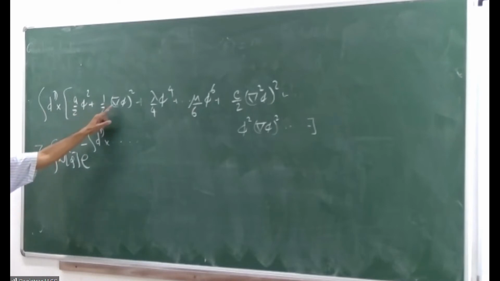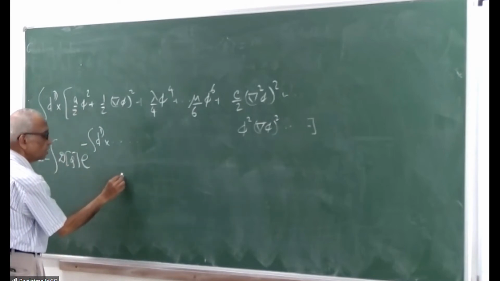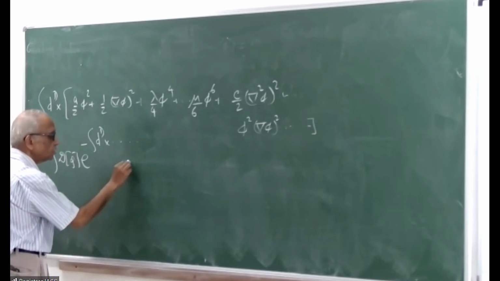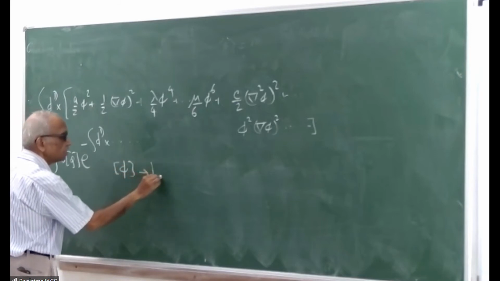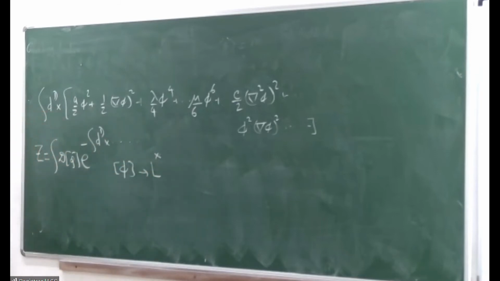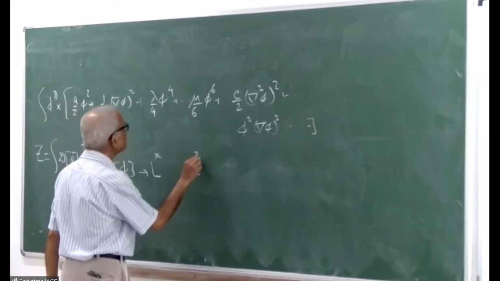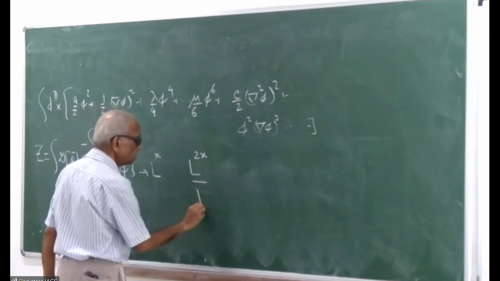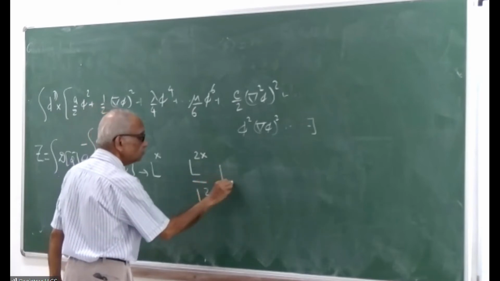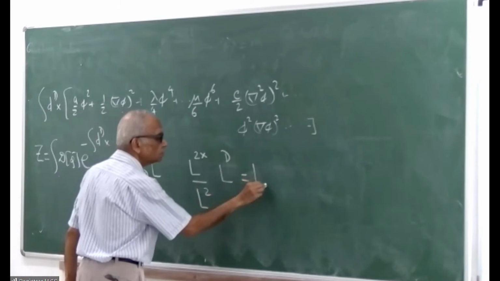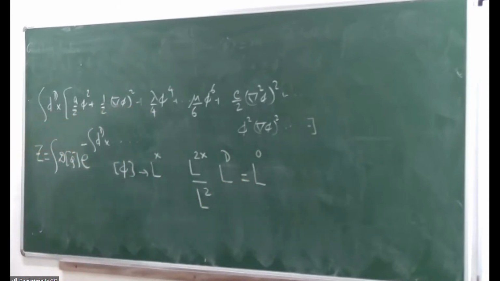So I will find the dimension of phi in terms of the dimension of length. Let's say the dimension of phi is L to the power x. Then this tells me that L to the power 2x divided by L squared times L to the power d is equal to L to the power 0.